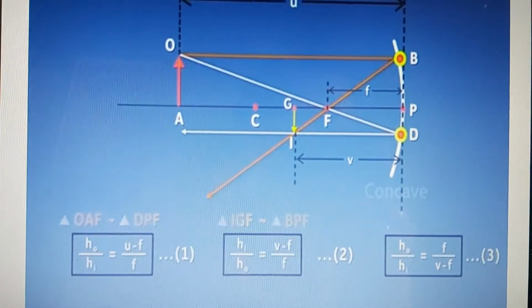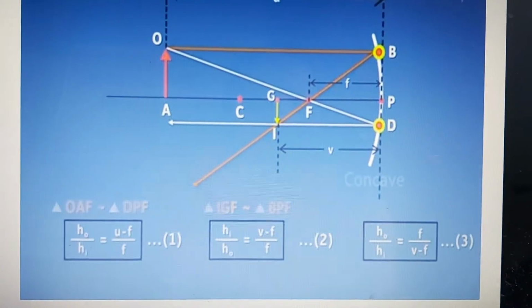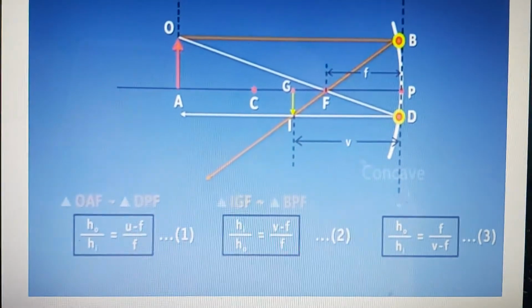Now let's invert equation 2 to get the third equation.